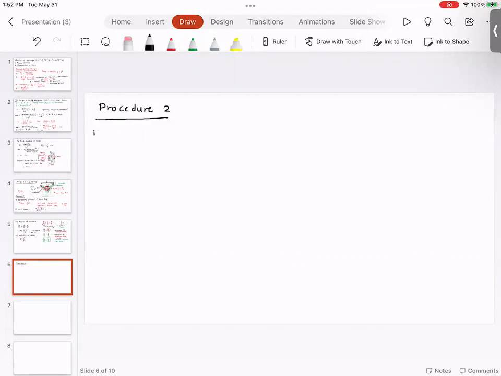In procedure 2, step 1 is determine the B by T ratio. And this comes from the design data book.